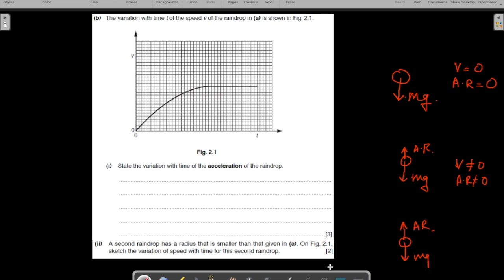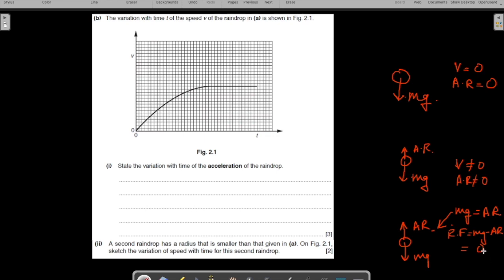Now if you see, I have drawn both the arrows of the same length. Earlier AR was smaller as compared to mg. So what happens? The resultant force, mg minus AR, is 0, because mg is equal to AR in this situation.